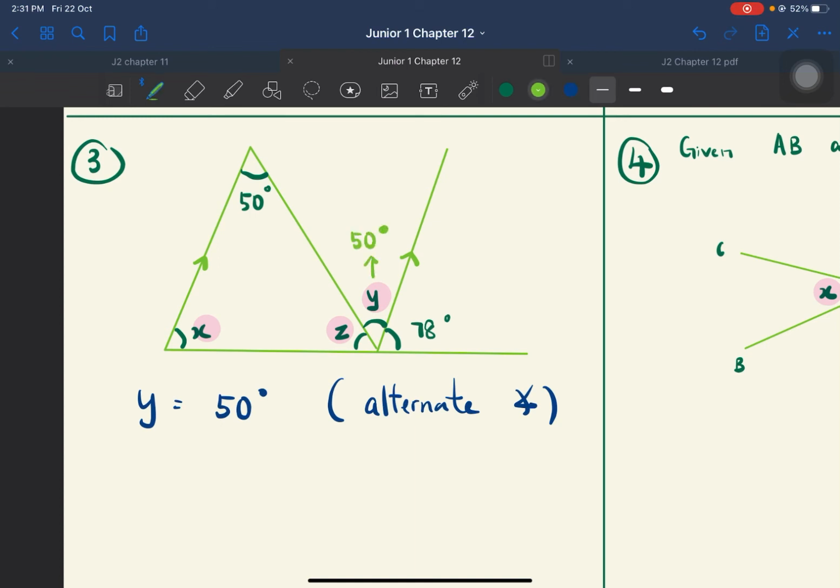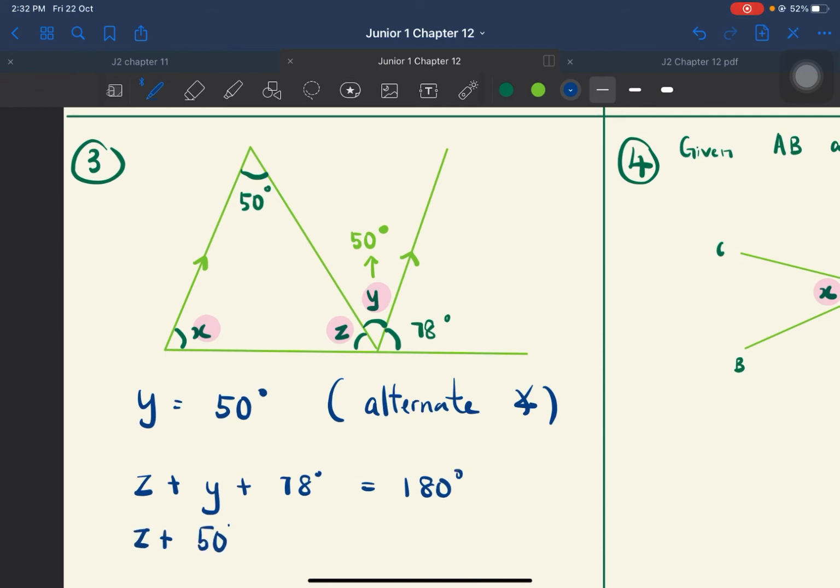Okay, and next one, you may identify your straight line angle. So the sums of the angles will be equivalent to 180, which means that z plus y plus 78 will be equal to 180. So your y is 50, right?